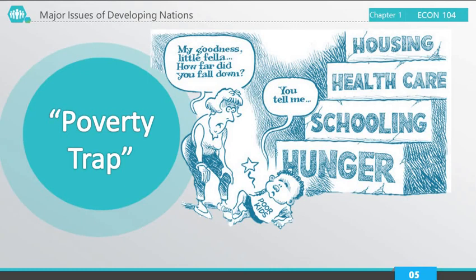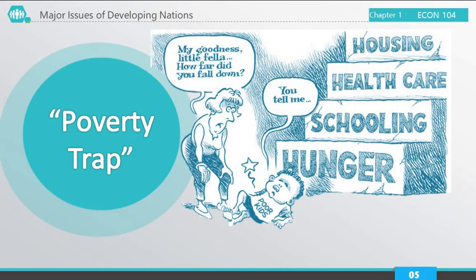So ano-ano daw po yung nire-recommend ng World Bank? Una, we need to invest in education and health. Kapag po, ito yung tinatawag natin na primary. Kumbaga, doon pa lang sa primary na yon, pag hindi na siya strong, it's all throughout, hindi na rin siya magiging maayos. Okay? Kasi nga po, ito yung foundation.